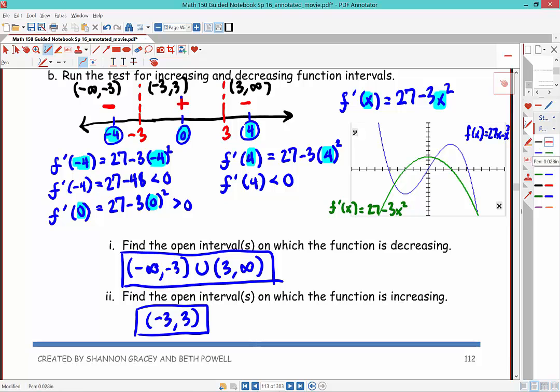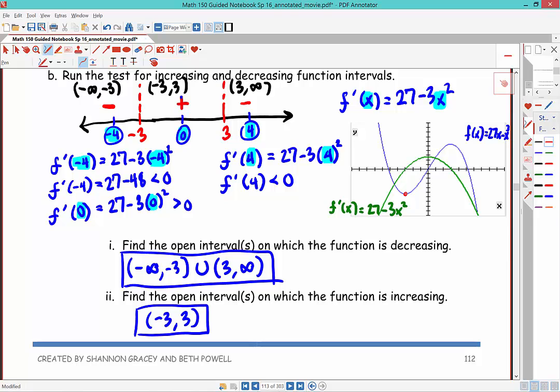Now, notice that when the derivative graph crosses the x-axis, when it zeroes out, we have a point where there's a relative extremum. So this guy, do you see, is a relative minimum?